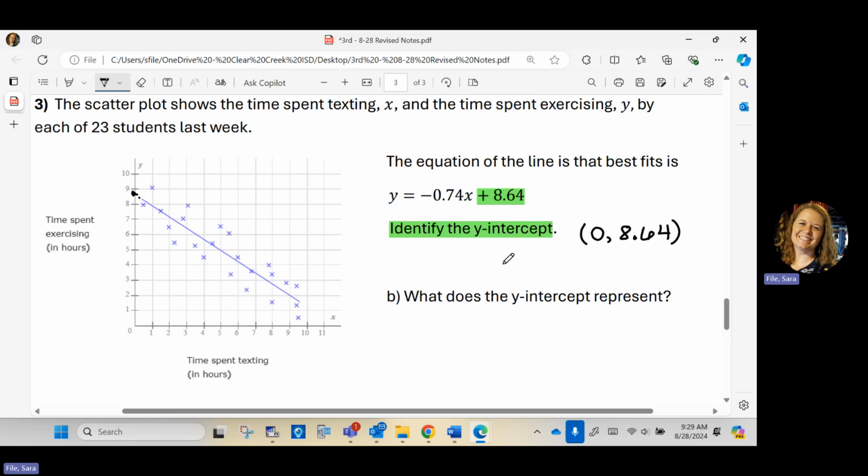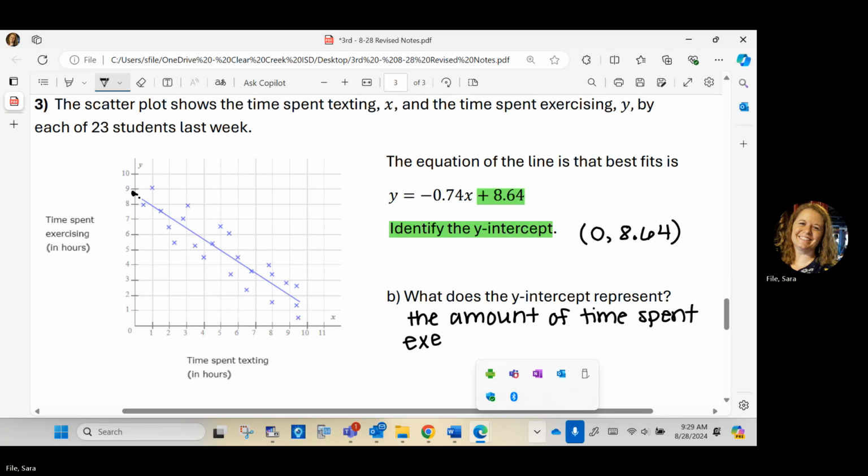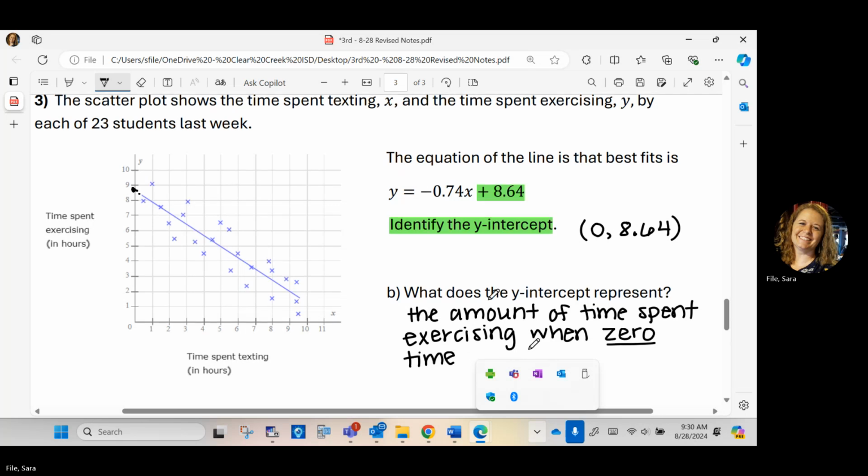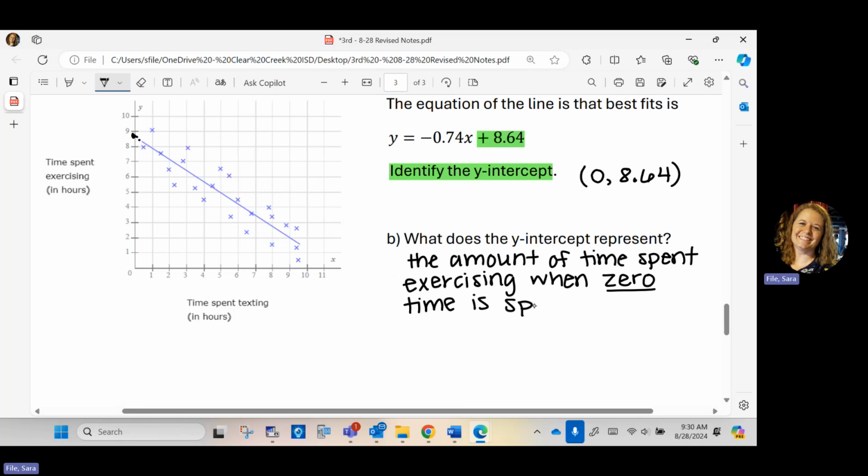So in this scenario, this y-intercept represents the amount of time spent exercising when 0 time is spent texting.